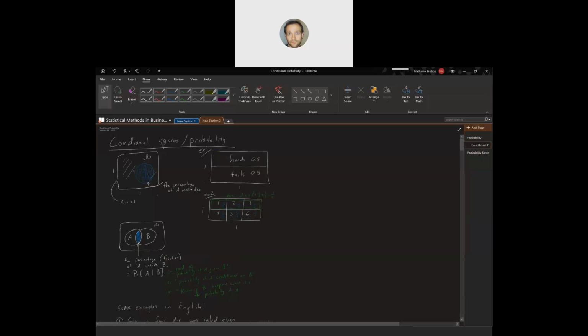And so here you can forget about everything else except for this subset. And this subset becomes your new world.